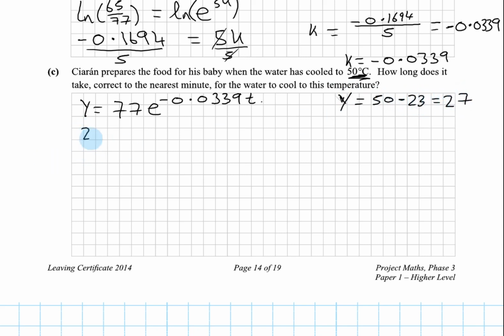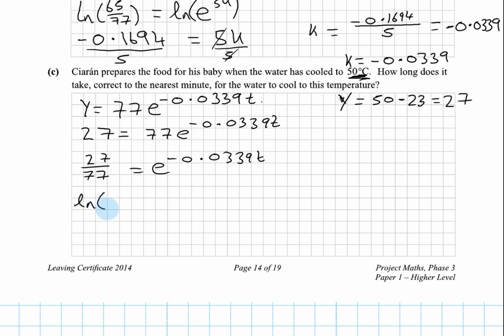It's very similar to the question we did already, but because we already know what k is, we now need to do the log to get what t is. So the exact same process, 27 over 77 equals e to the power of this. Then we get the log of the natural number.